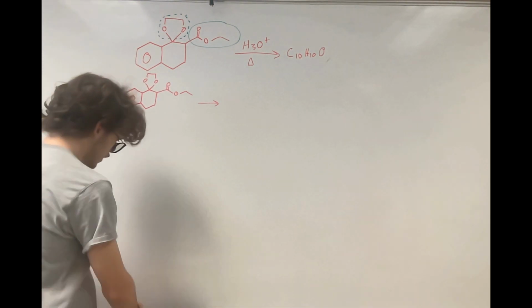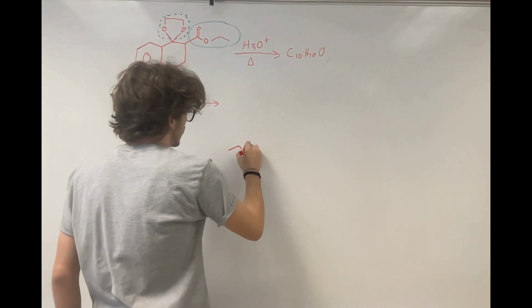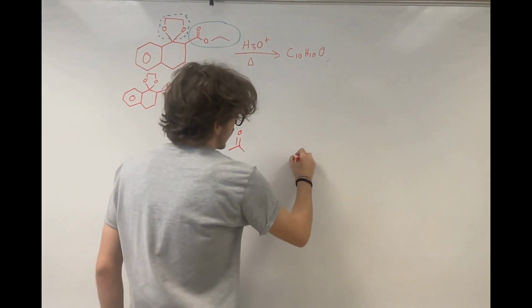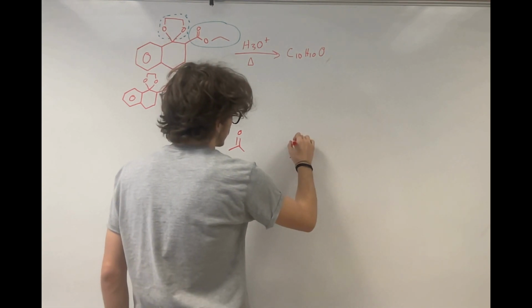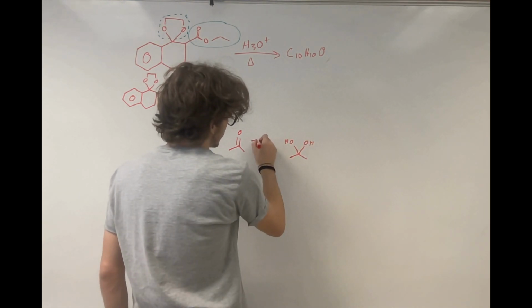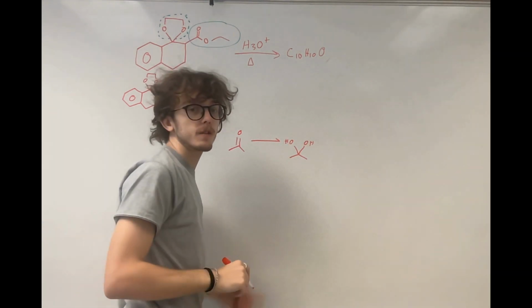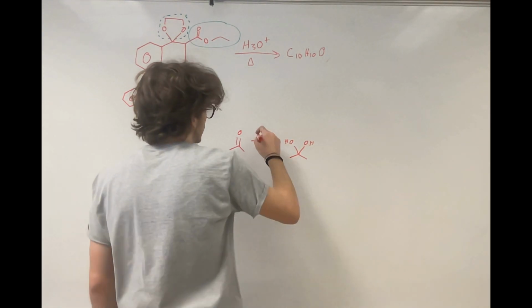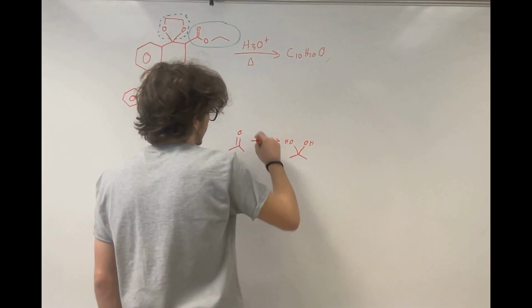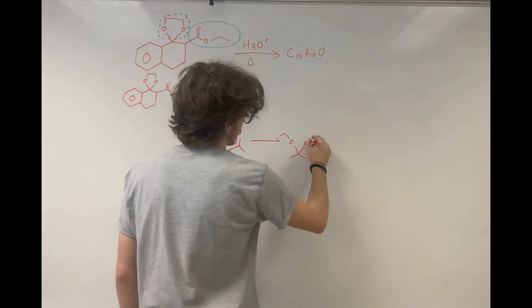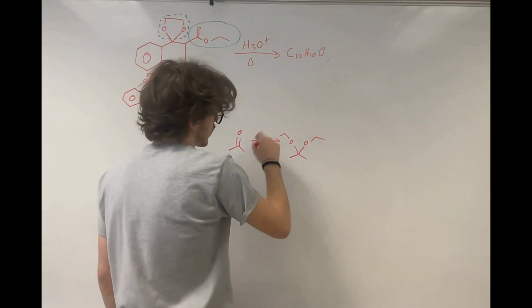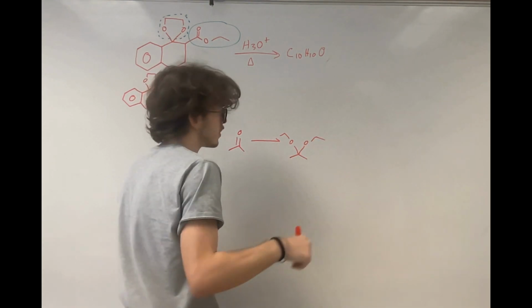Remember that equilibrium that you've probably seen, right? If we have a ketone and an acetal, so I'll write OH, OH, to go this way, to favor that reaction, we need to use, instead of a hydrate, let's form acetals with ethoxy groups attached.